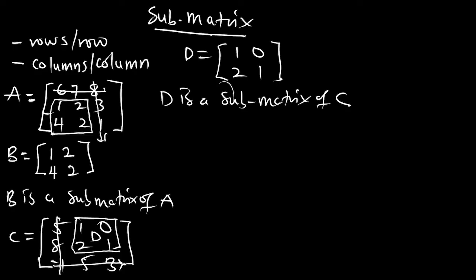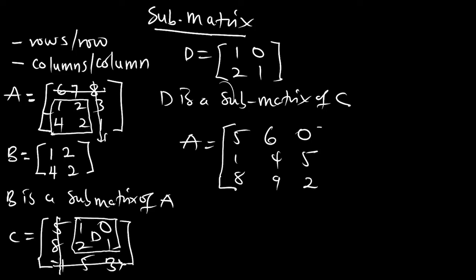Can we say this matrix is a sub-matrix? Let's look at this. We have a matrix A to be 5, 6, 0, 1, 4, 5, 8, 9, 2, and we have matrix B as 5, 4, 9, 2.